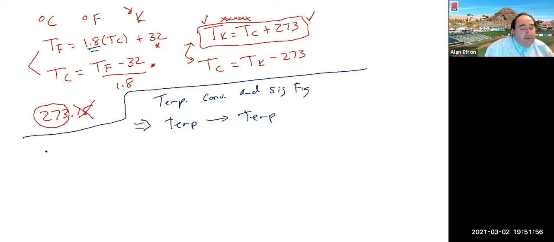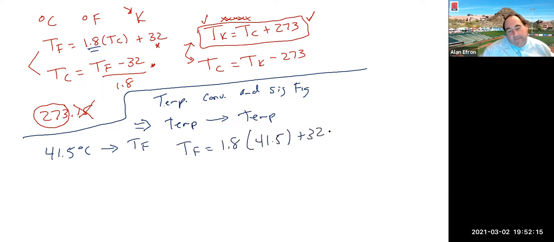So for example, let's go with 41.5 degrees Celsius, and we want to turn that into the temperature in Fahrenheit. Temperature in Fahrenheit would then be 1.8 times our temperature in Celsius plus 32.